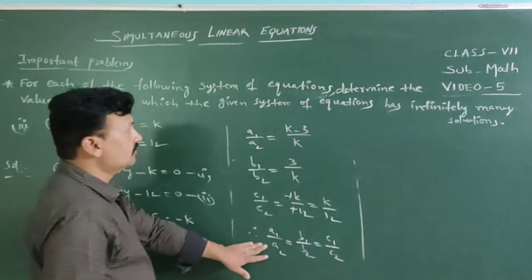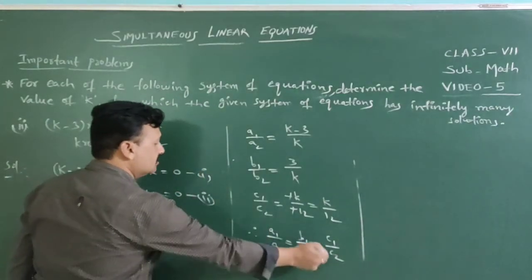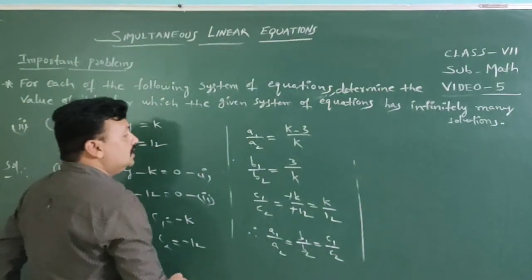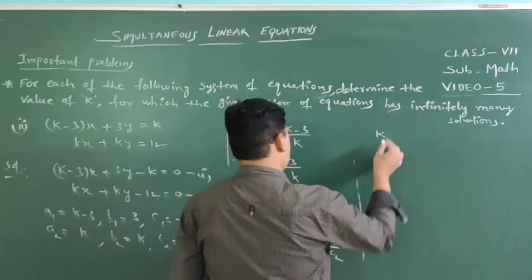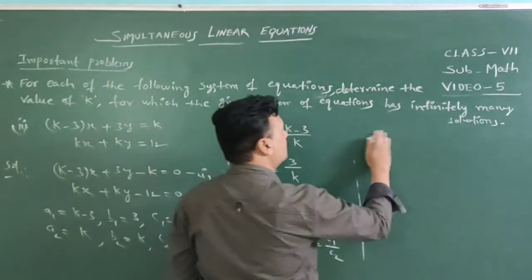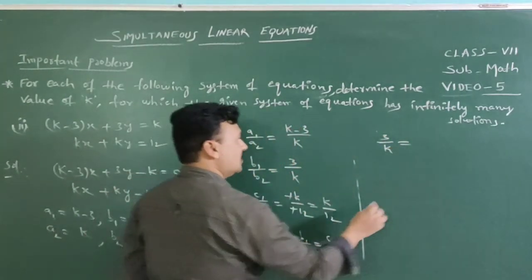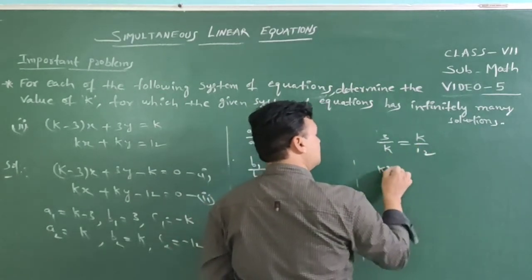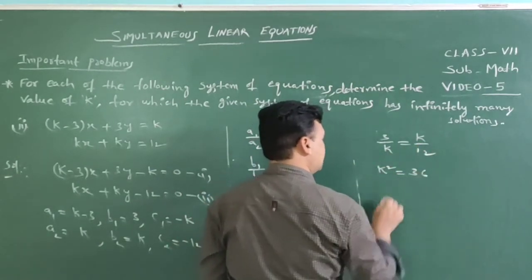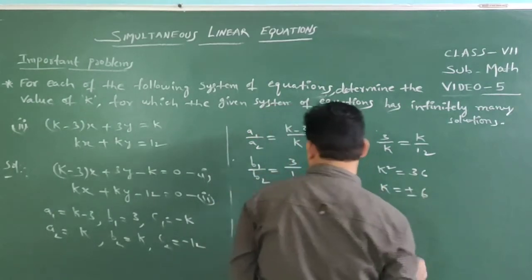One condition we have, because they have infinitely many solutions, a1 by a2 equals b1 by b2 equals c1 by c2. If you equate these two, 3 by k equals k by 12, k square equals 36, k equals plus or minus 6.